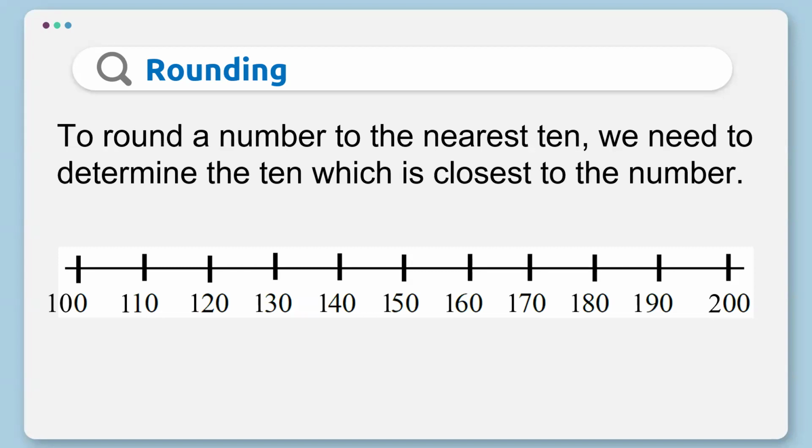For example, 100, 110, 120, 130, 140, 150, 160, 170, 180, 190, or 200. What do you notice about these numbers? For a number to be considered a 10, the digit in the ones place will be a 0.